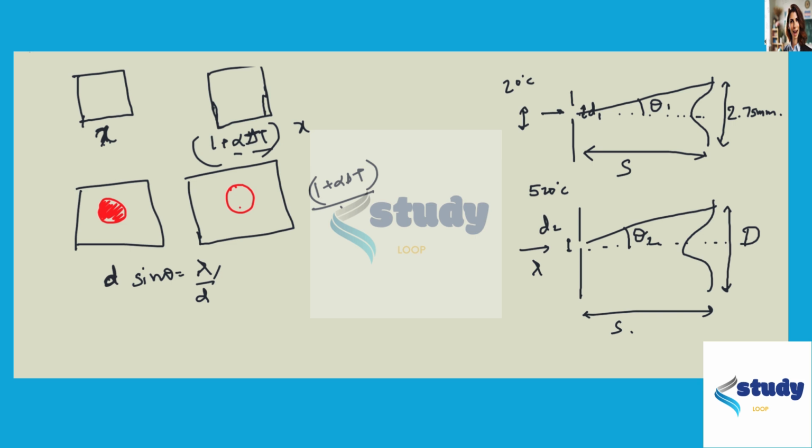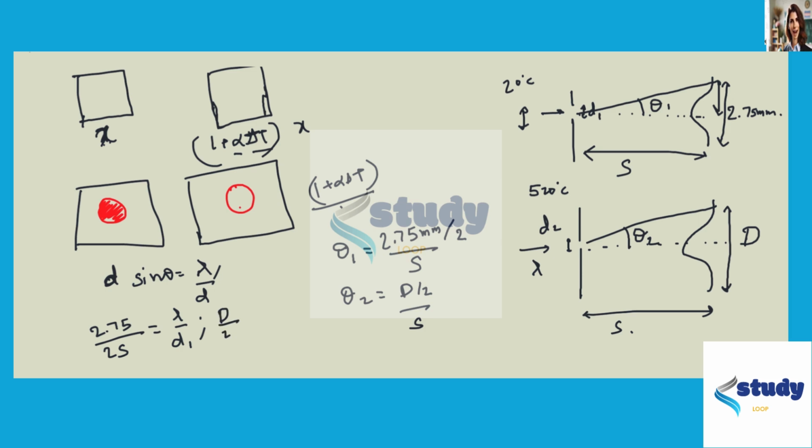In the first case, theta1 is 2.75 millimeters by s, and in the second case, theta2 is D by 2s, because theta only corresponds to half this distance. So theta1 is 2.75 by 2s, equal to lambda by d1, and in the second case, D by 2s is equal to lambda by d2.